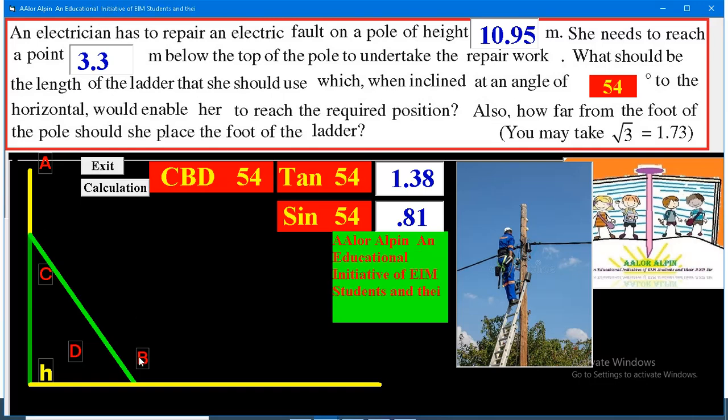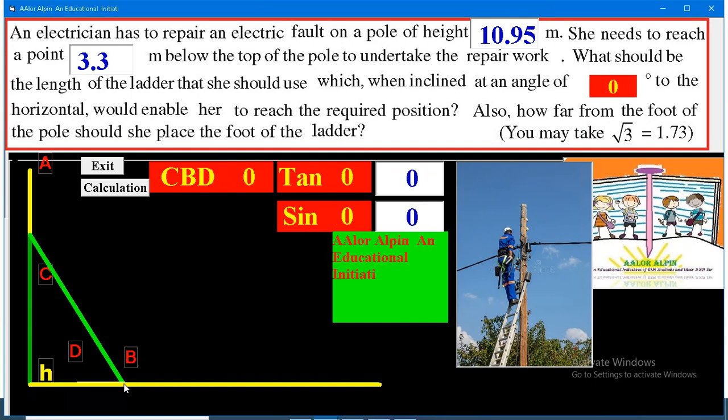Now the angle. What is the angle, 54? You cannot do it. Let us make it angle 60. I hope you can do 60. Is it making 60? No, still not. No. It is making.